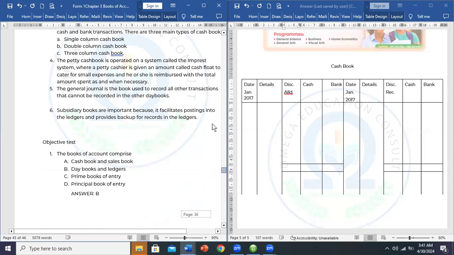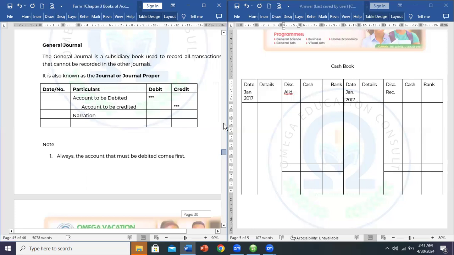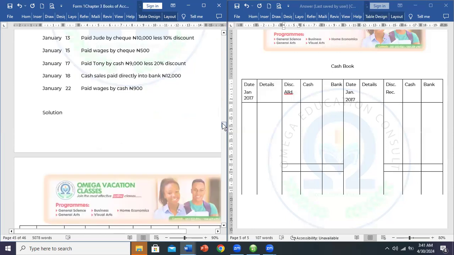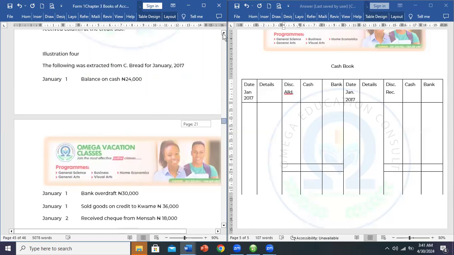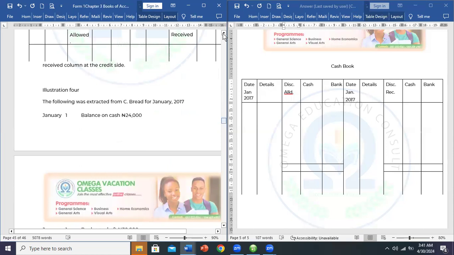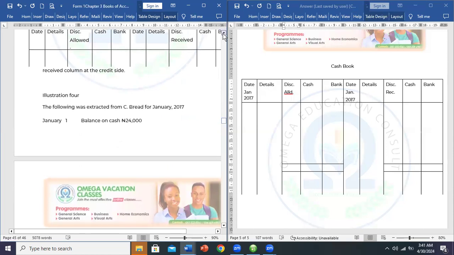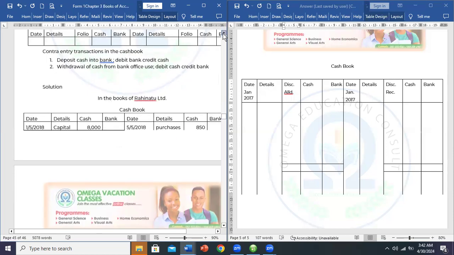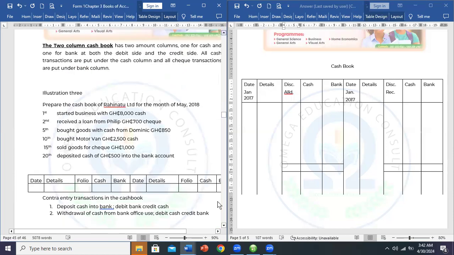We know from the beginning that bank has a debit balance, right? And for that matter, bank is an asset. But bank can also have a credit balance. And when bank assumes a credit balance, we call it a bank overdraft. So note that somewhere because it's very, very important.